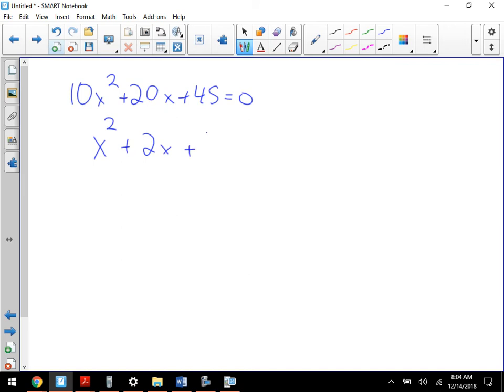45 over 10 is what? 9 halves. Okay. Now, when you start thinking about it in terms of multiple choice, if this is a multiple choice question and they're asking you what to do, it might be, what would the steps look like?